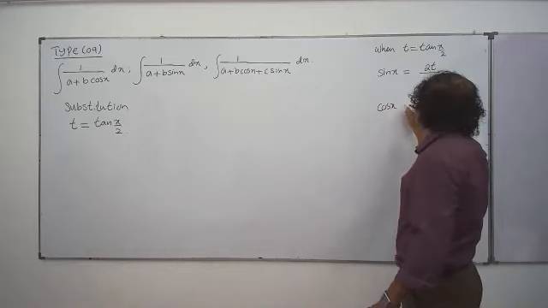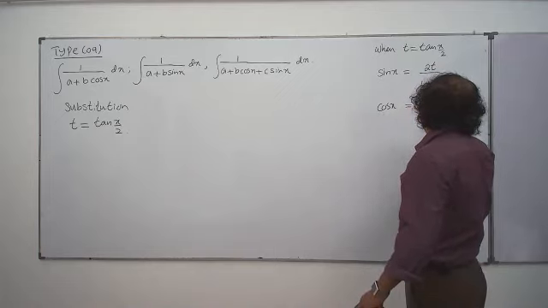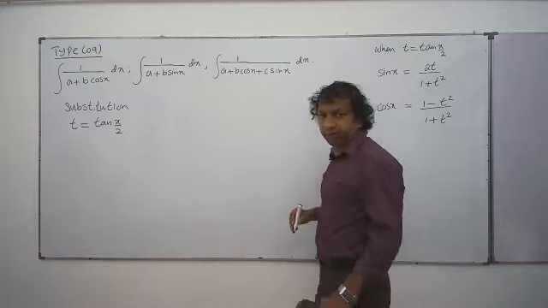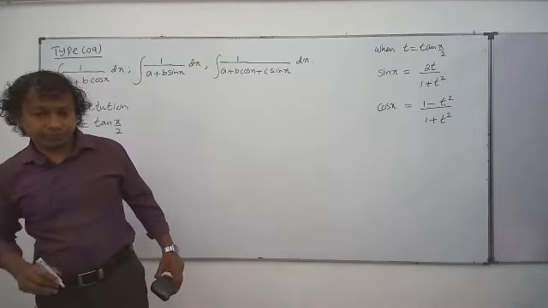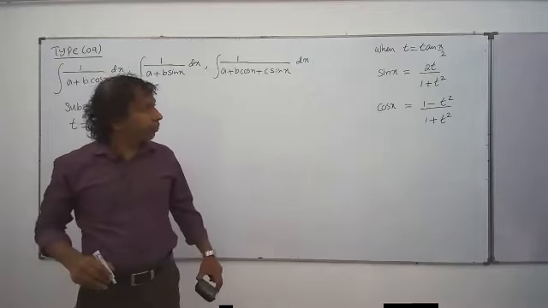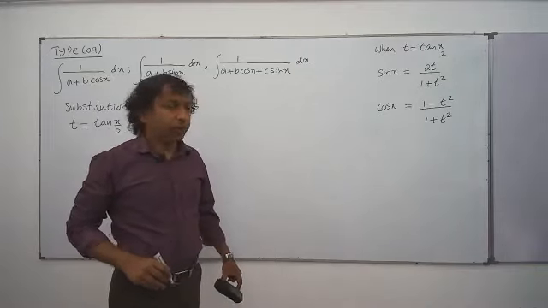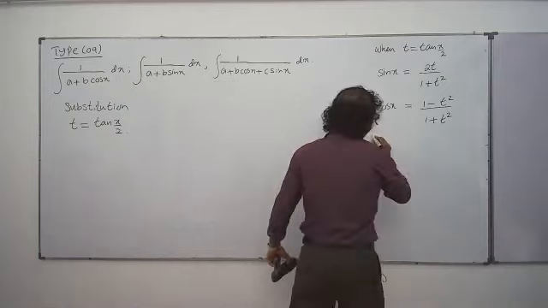Cos x is 1 minus t squared divided by 1 plus t squared. Can you remember this? In trigonometry we discussed this. So you know how to derive them.